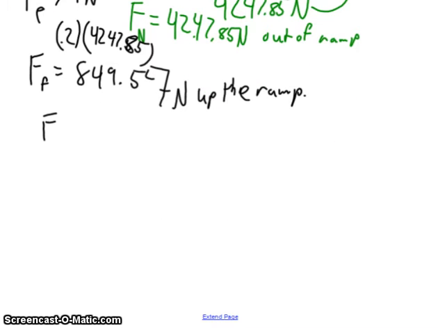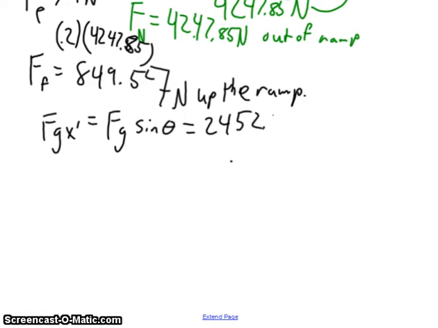And so that is very similar to the new vertical, but all it is instead of using cosine, we now use sine. So when we do that, we get 500 times 9.81 times the sine of 30, which is 1/2. We end up with, in this case, 2,452.5 newtons down the ramp.